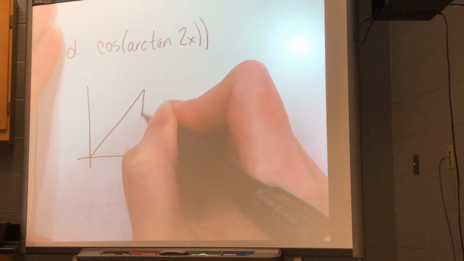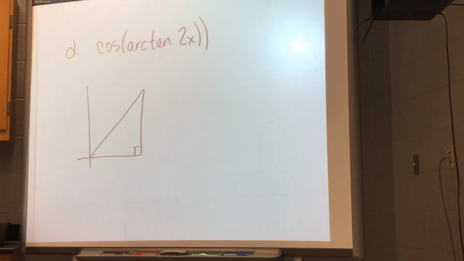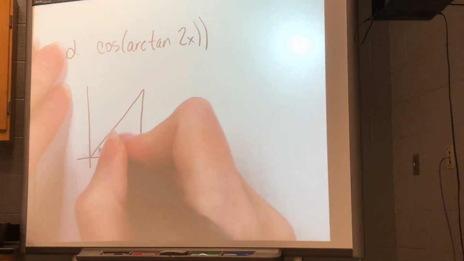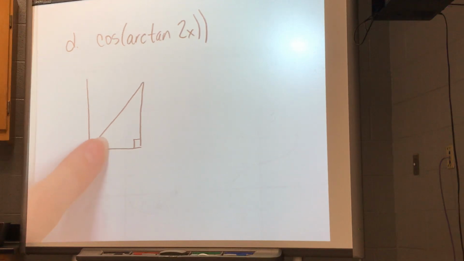Or actually, it doesn't even have to be in a quadrant. We could just draw a right triangle. Doesn't matter. Okay, so we know the tangent of this angle is 2x. So when I divide the opposite by the adjacent, I get 2x. So what could my opposite be?